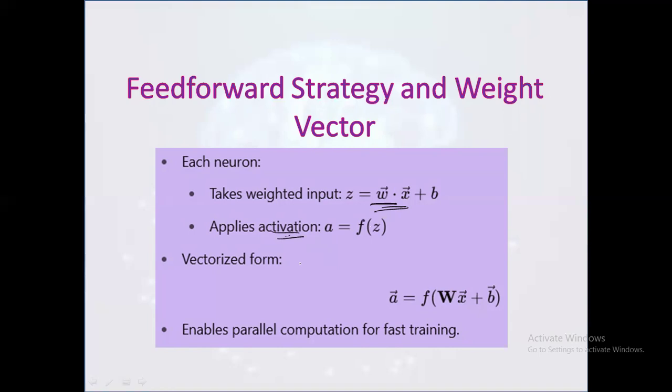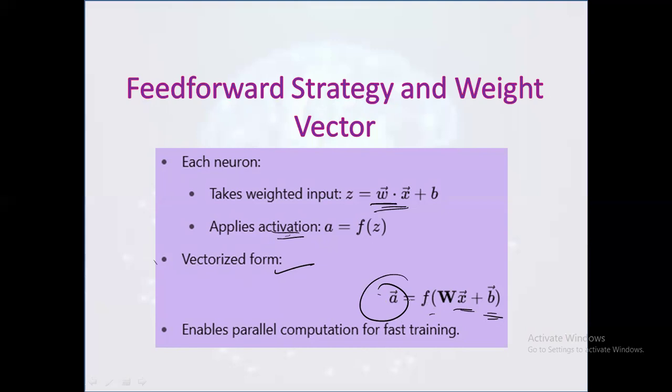The neuron then transforms z into its output using the activation function. This step is essential to determine whether the neuron is activated and how much influence it passes to the next layer. Next, the vectorized form is given by A = f(Wx + b).